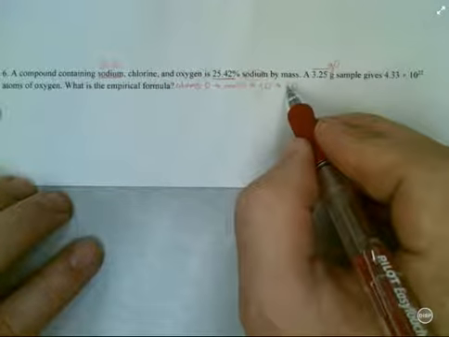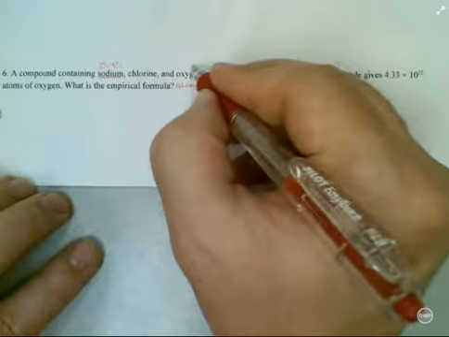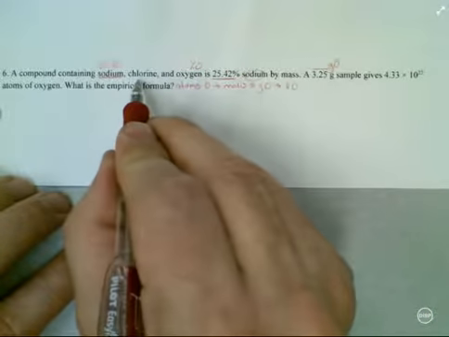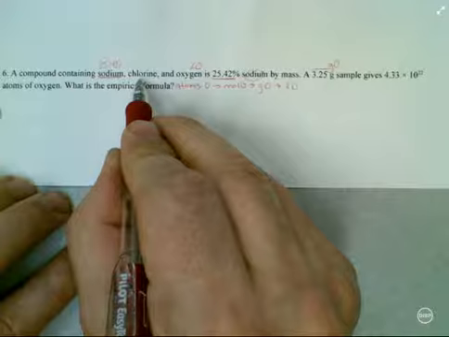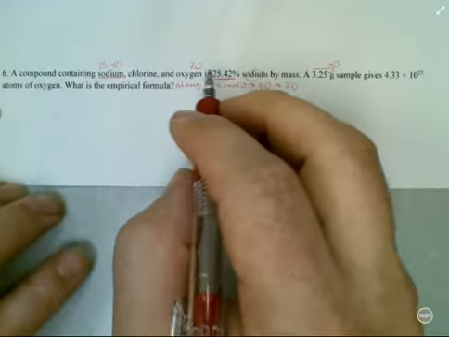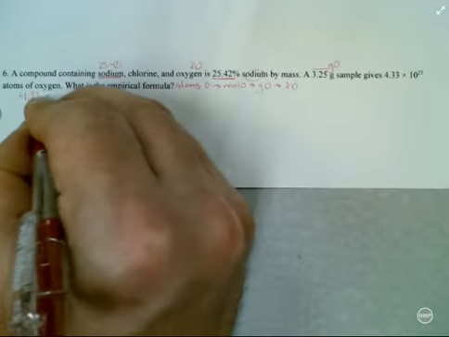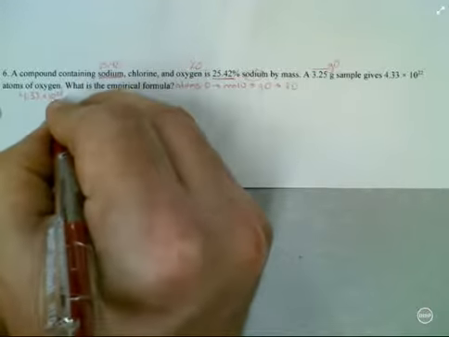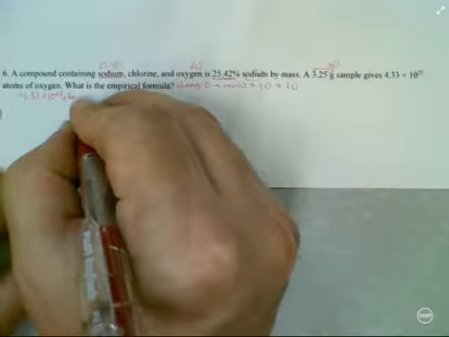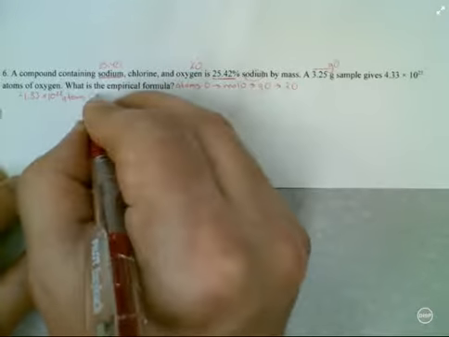And we can use this percent oxygen to help us determine the percent chlorine. So here we go. I'm going to start with 4.33 times 10 to the 22nd atoms of oxygen.